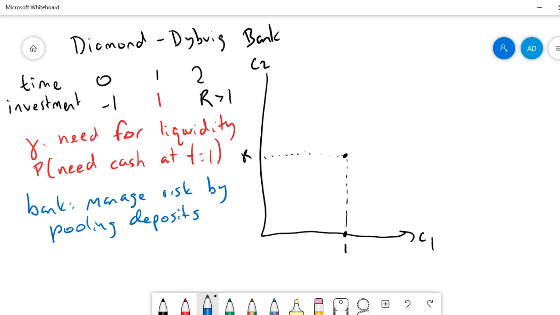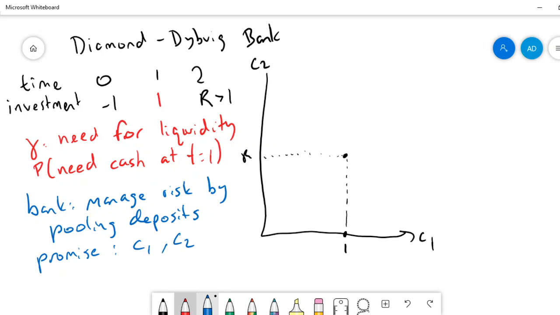And we can use the law of large numbers to provide a population with certainty in a way that the individual could never get certainty. So the bank is going to take a whole bunch of people's deposits, and then it's going to make them promises, basically an insurance contract.